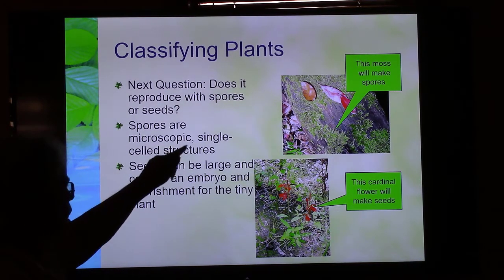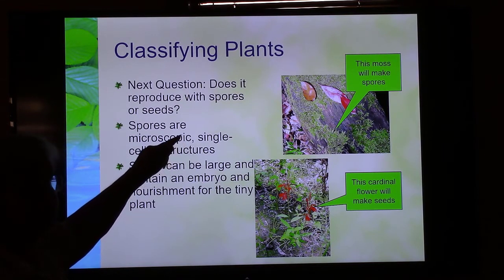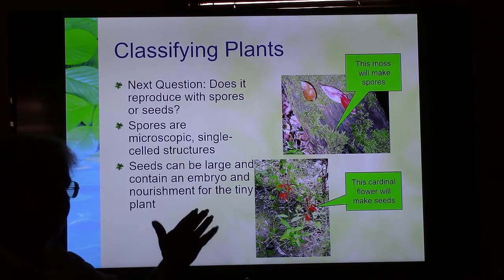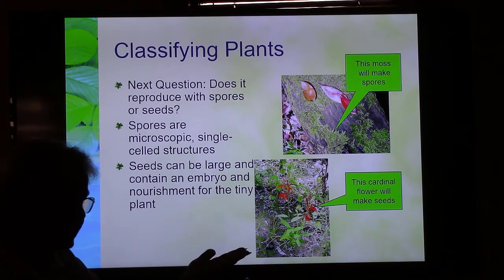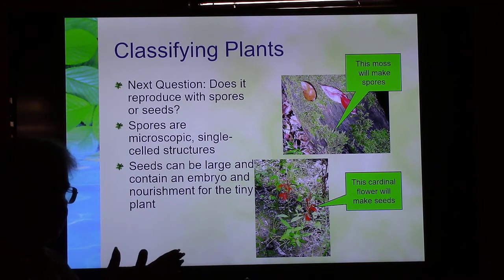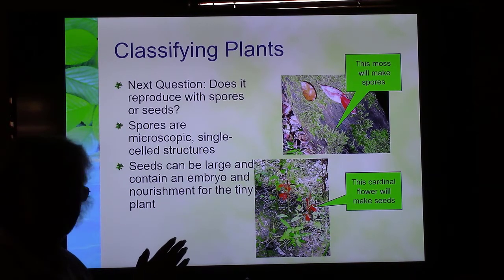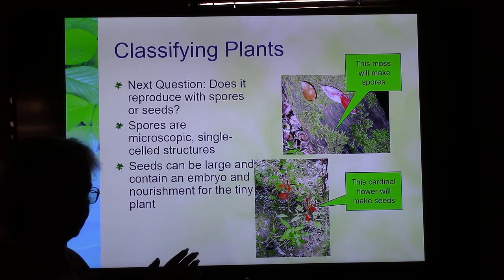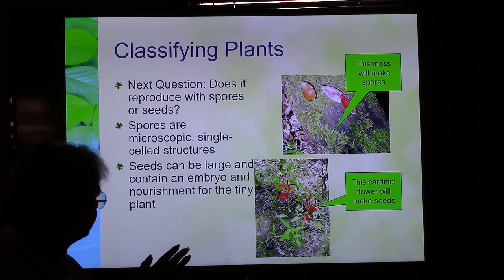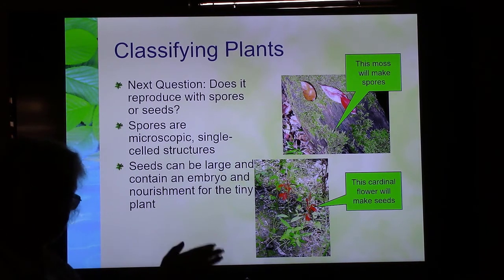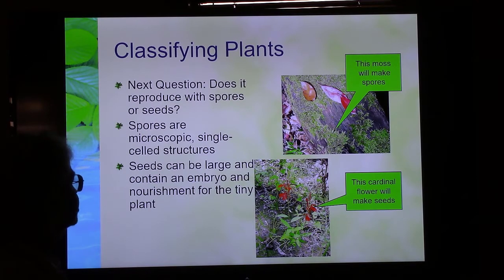So mosses and ferns make spores. Have you ever seen a fern that on the back side of the leaf there were lots of little brown dots? People see that and they think that fern is sick. Well, it's not. It's making spores. That's just part of its way of making the next generation.